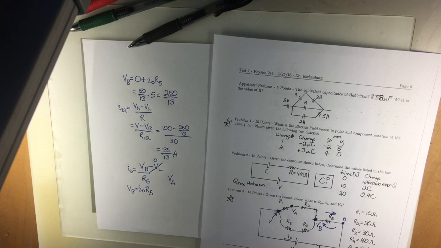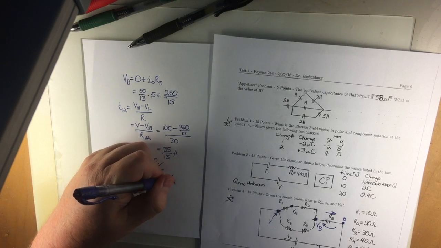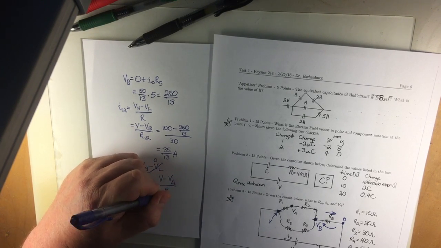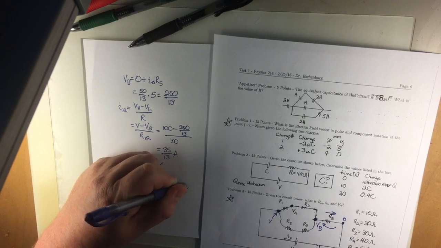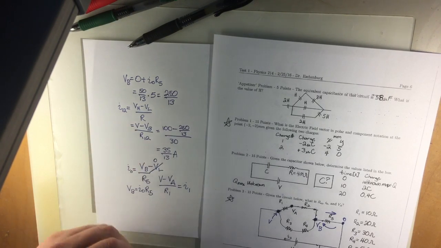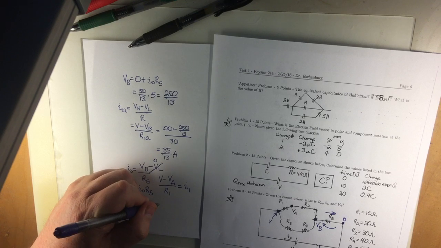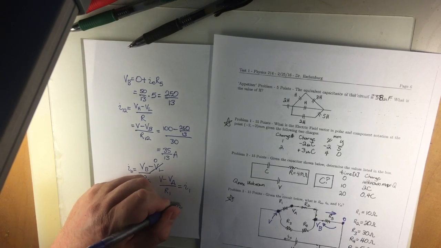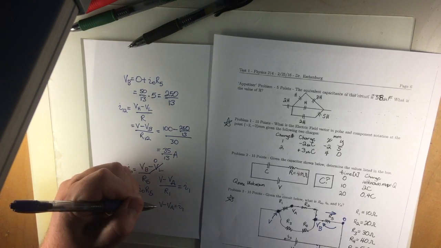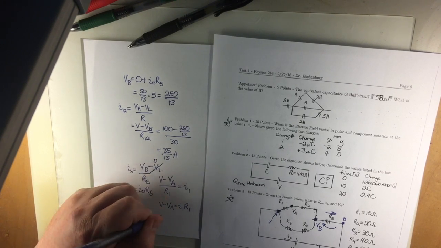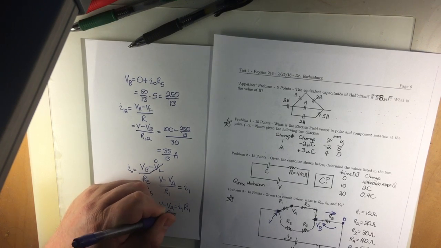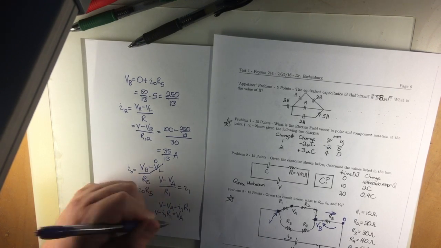Now I can find VA. Now is the appropriate time to look for it. So V minus VA divided by R1 is equal to I1. I'm looking for VA. So V minus VA is equal to I1 R1. V minus I1 R1 is equal to VA.